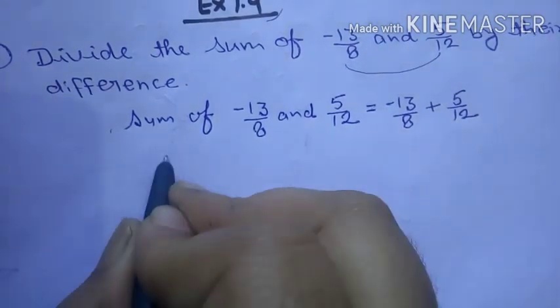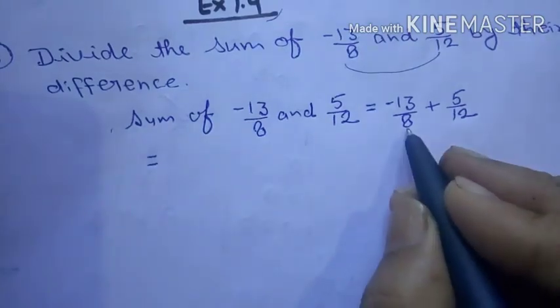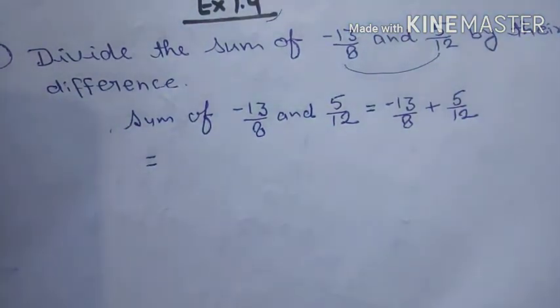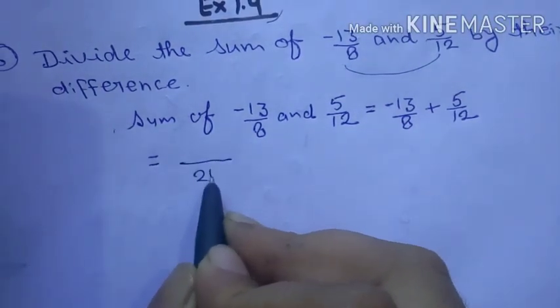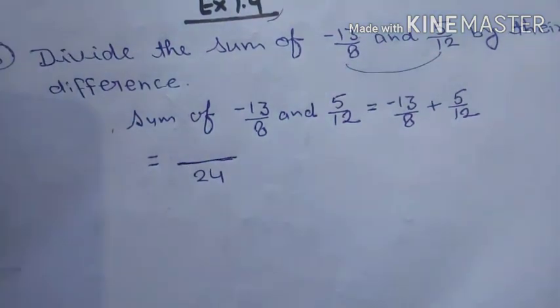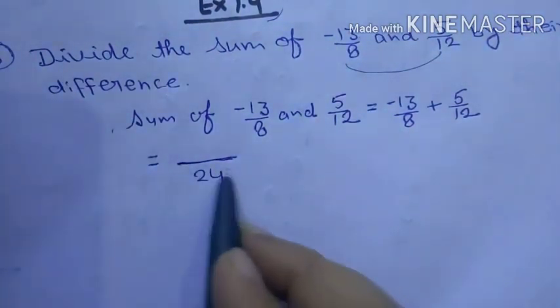Now we will find the LCM of 8 and 12. What is the LCM of 8 and 12? That is 24.